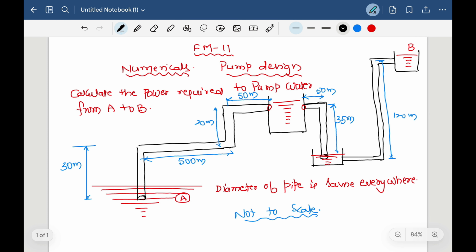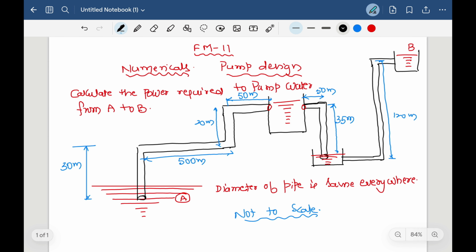what will we do? We will formulate the problem. As a design engineer, you have to calculate the power required for a pump to draw water from the underground tank to a tank at a higher elevation, and in between 2 intermittent tanks are there.